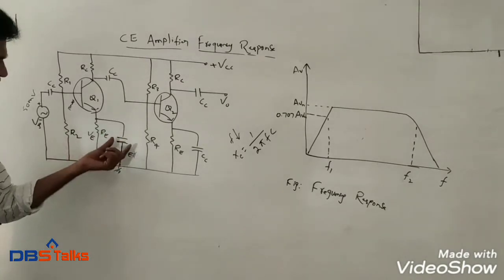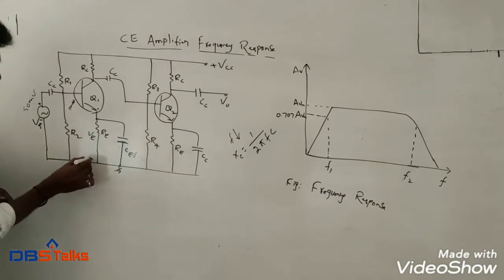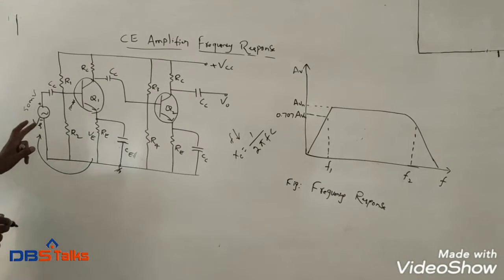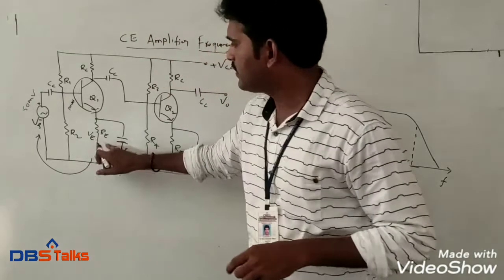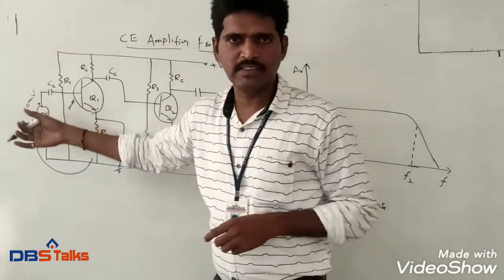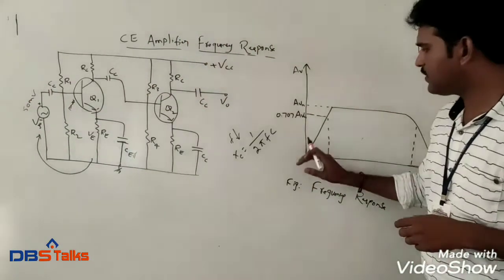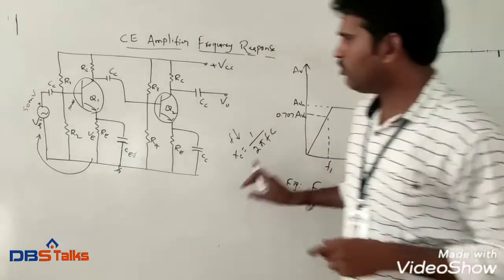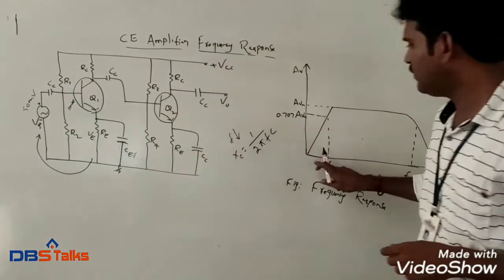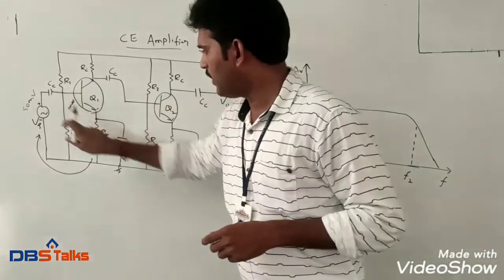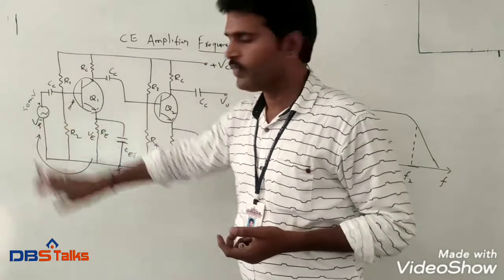This voltage is applied to the input side in a reverse direction. That is called negative feedback, right? Due to this negative feedback, the gain decreases at low frequency. So at low frequencies, the gain decreases due to these two capacitors: one is the coupling capacitor and the second one is the emitter capacitor or bypass capacitor. Here negative feedback occurs, right?